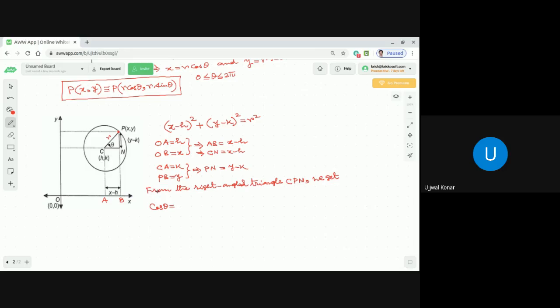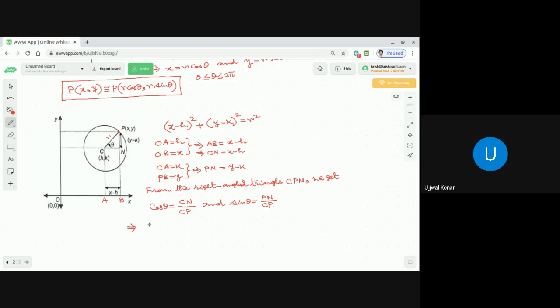So cos theta is equal to CN by CP, and sin theta is PN by CP. Correct? So cos theta is equal to CN by CP, so CN is equal to CP cos theta.